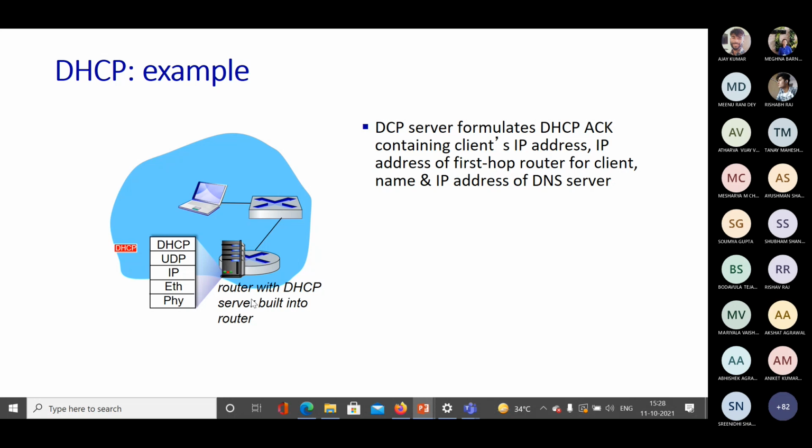This example assumes that the first two parts, which were given as optional, have not been considered here. Just the last two parts, the DHCP request and DHCP ACK. So the DHCP server formulates the DHCP acknowledgement containing the client's IP address, the IP address of the first hop router for the client, and the name and IP address of the DNS server.